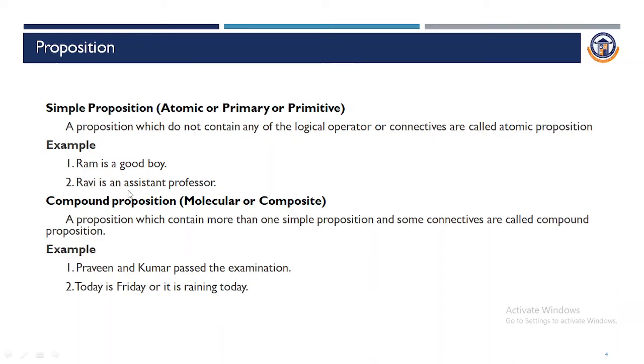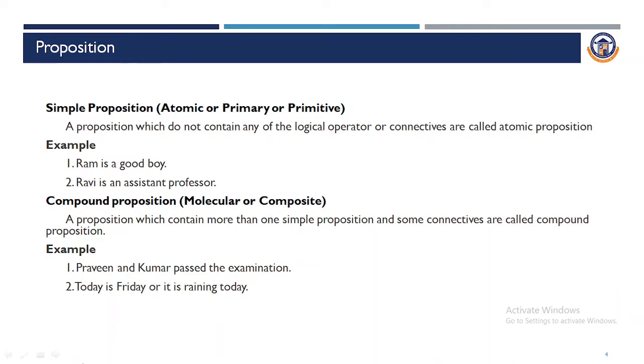Example, Ram is a boy. It is a simple proposition. Right? Next one, compound proposition or molecular or composite proposition. A proposition which contains more than one simple proposition and some connectives are called compound proposition.